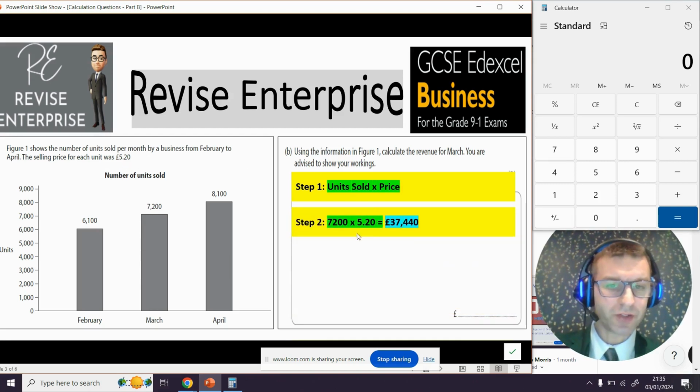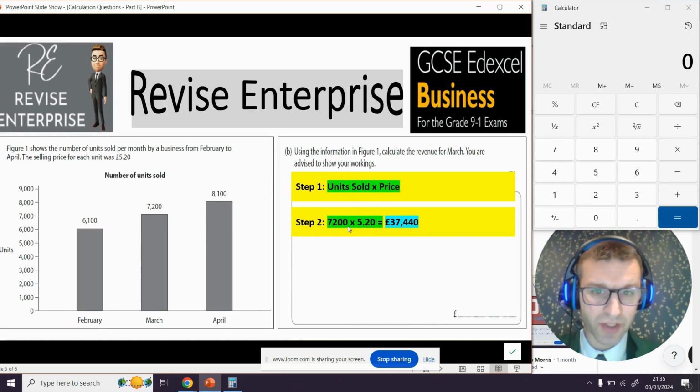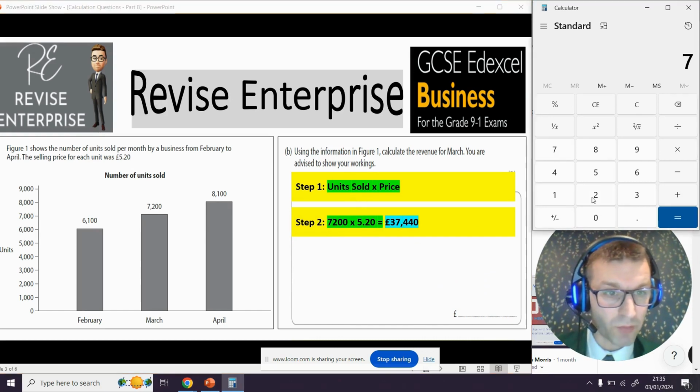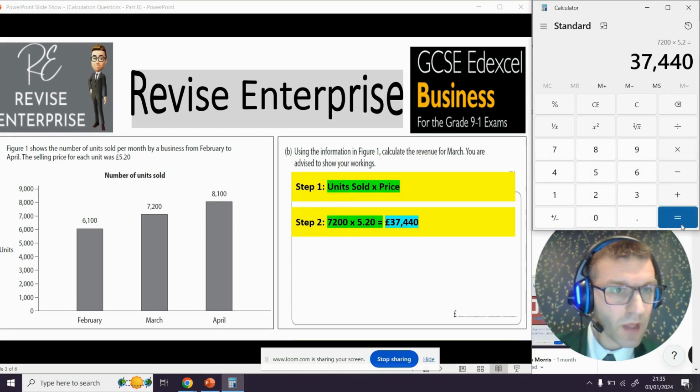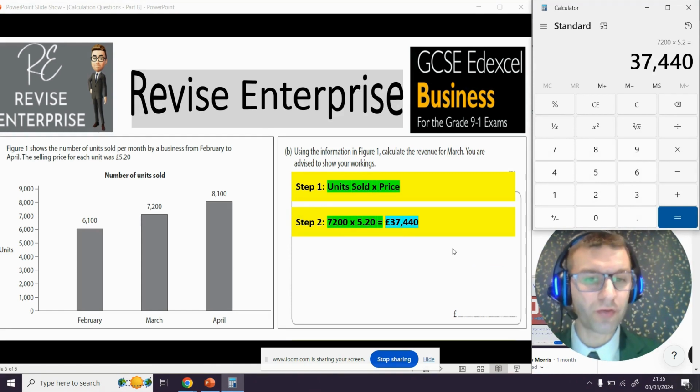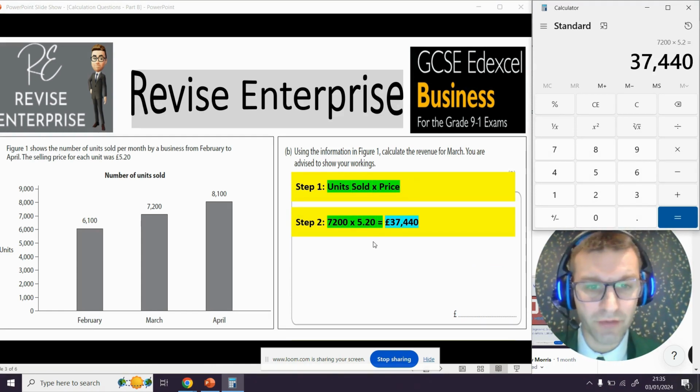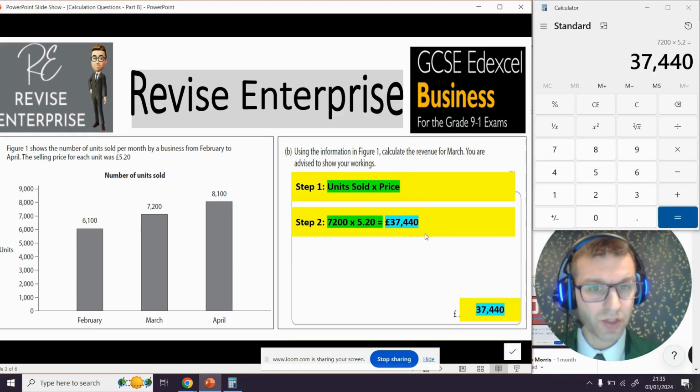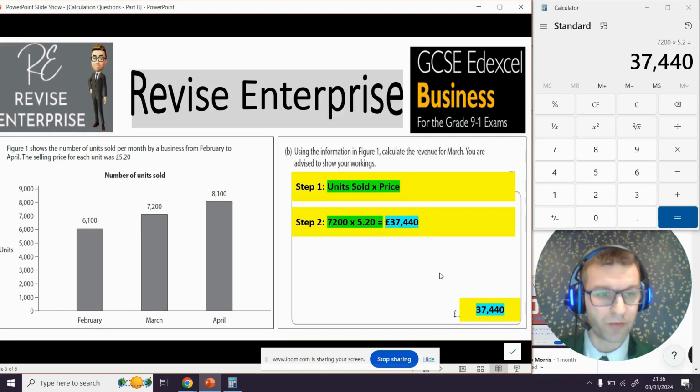So if you do that on your calculator, 7,200 multiplied by £5.20, you should come out with an answer of £37,440. So your revenue for March as an answer should be £37,440.